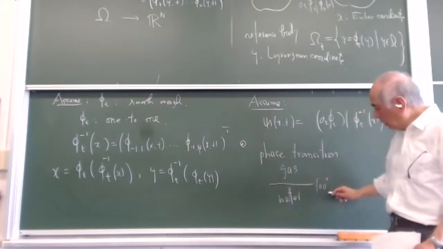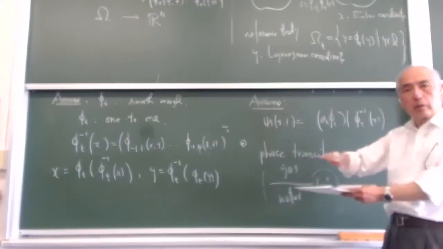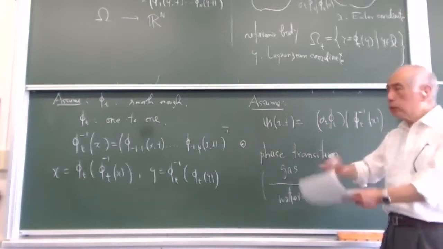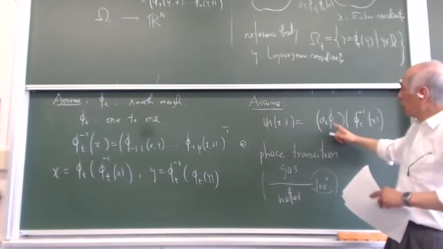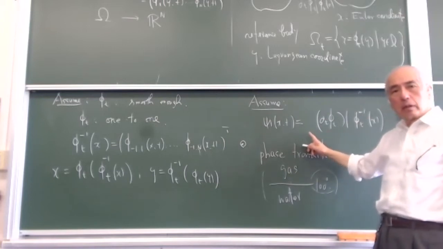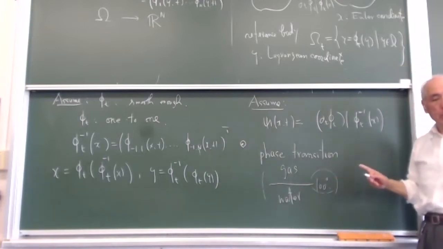So around 100 degrees the fluid is really a mixed gas and water, and the phase is transient. That case is not satisfied. So the phase transition case is a different story.